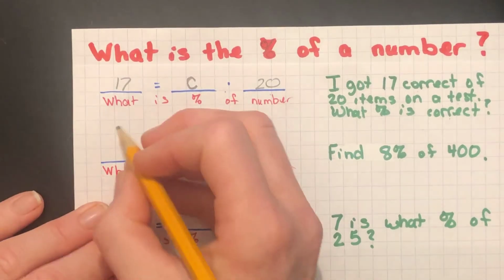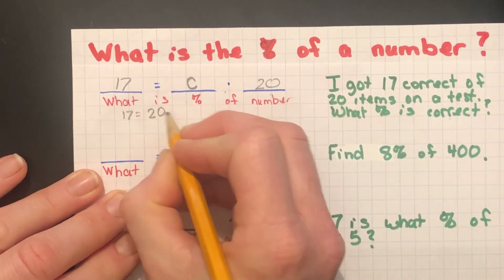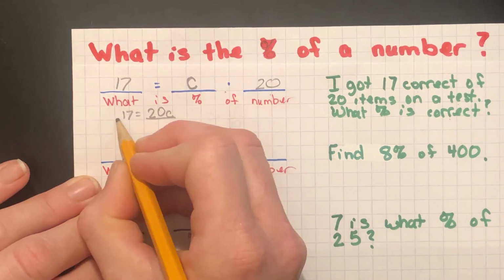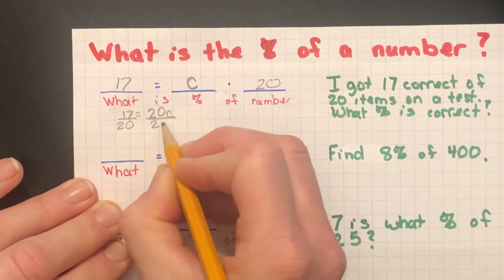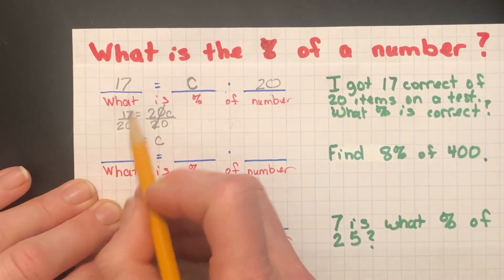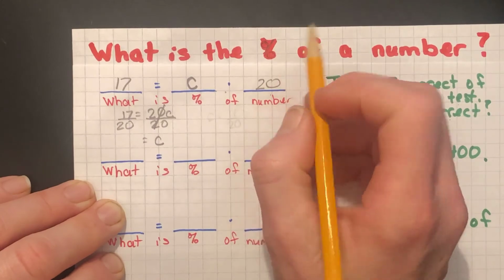Now I have an equation. 17 equals 20 times C. I'll write 20C. Now I'll divide both sides by 20. That cancels out. Now I could leave this in fraction form, but it wants percent, so I need to go to decimal form.